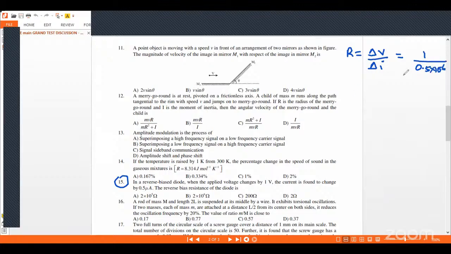That means I can write 2 into 10 power 6 ohm. Right? That is option B. Fine. Write down.